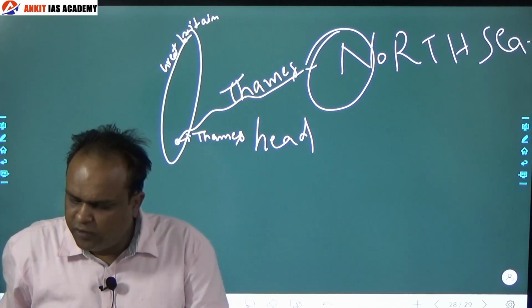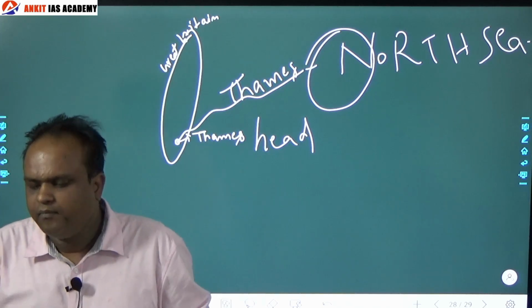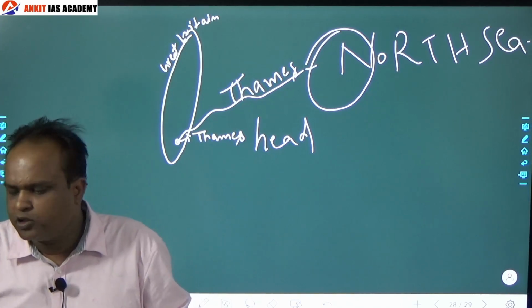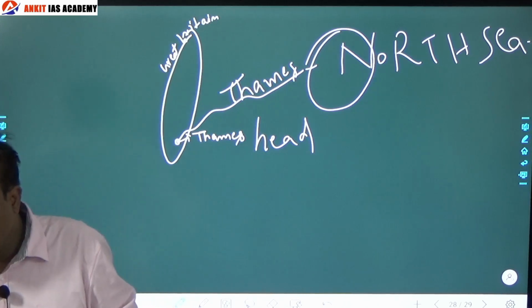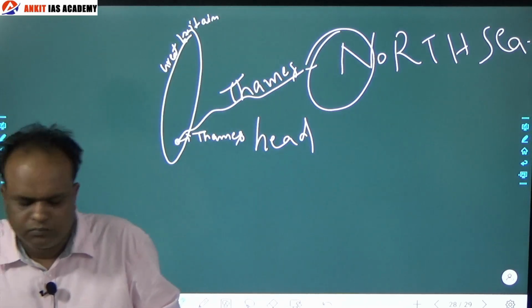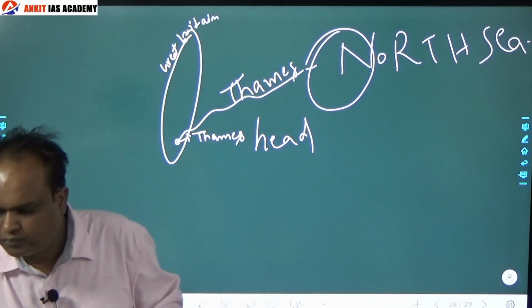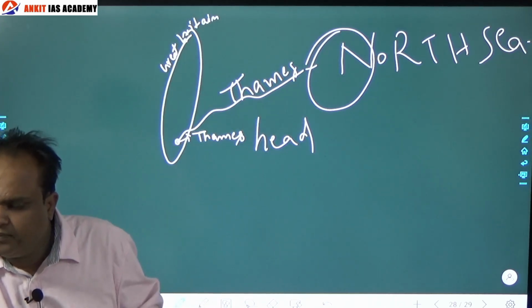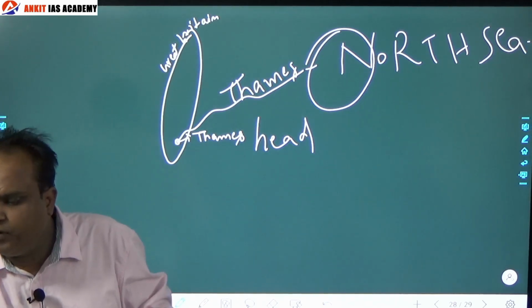And Thames is also available in your atlas, to the north of English Channel. Highlight this North Sea, highlight Black Sea, highlight Caspian Sea also. Highlight White Sea, to the north of Russia. It is available on page number 56.